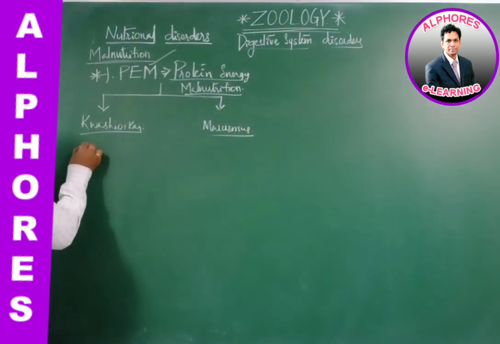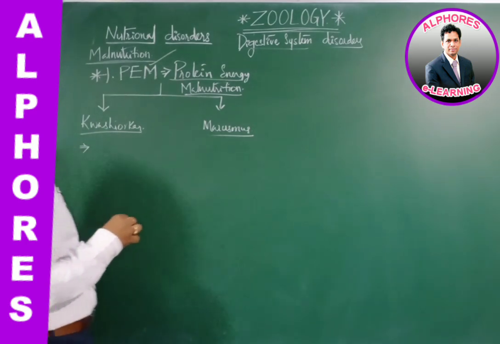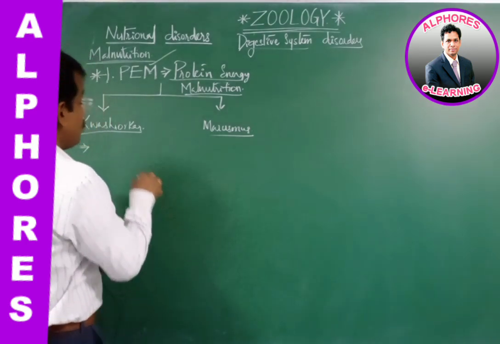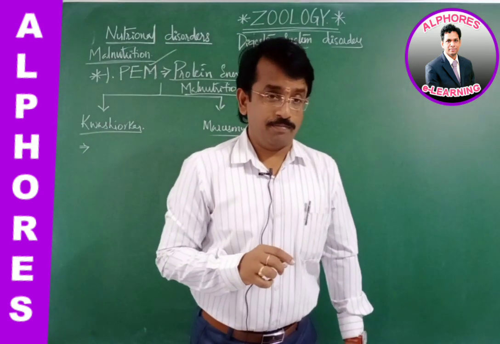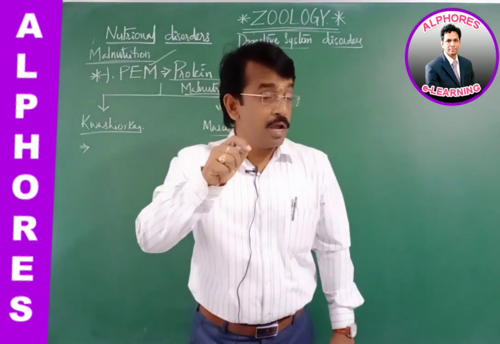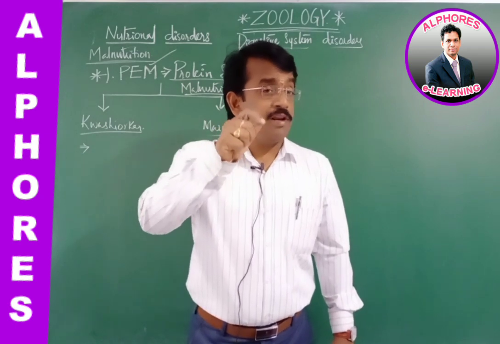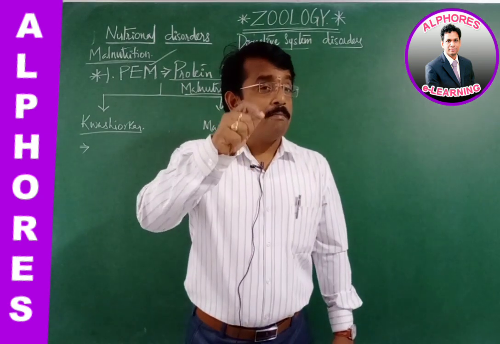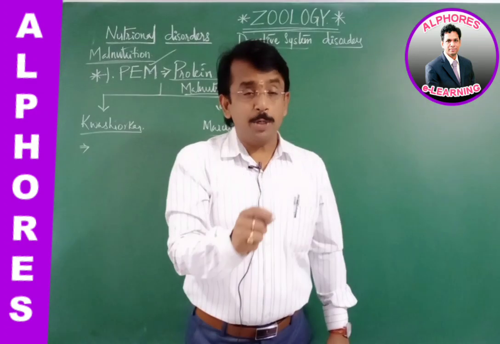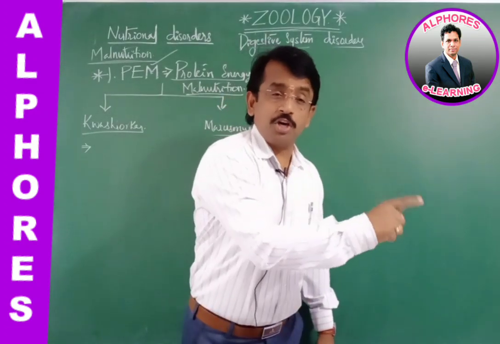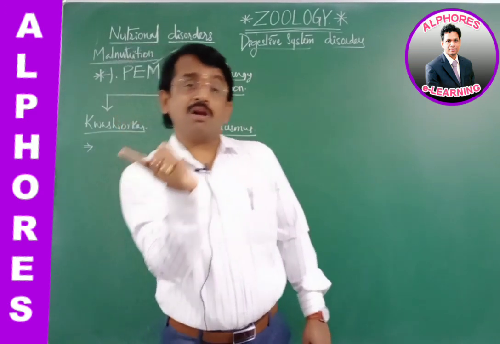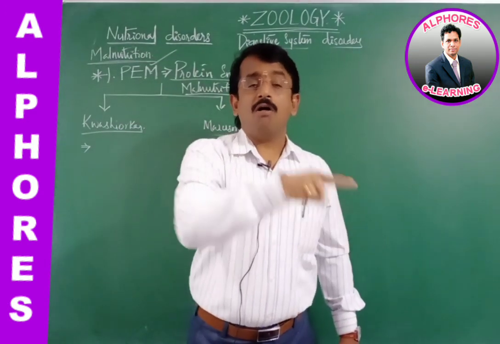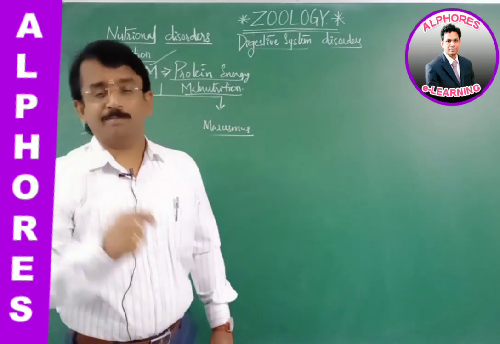Kwashiorkor is a deficiency of protein, but with normal intake of calories. Generally, PEM, protein energy malnutrition, is due to the deficiency of protein or deficiency of calories, or else both, or else only protein.